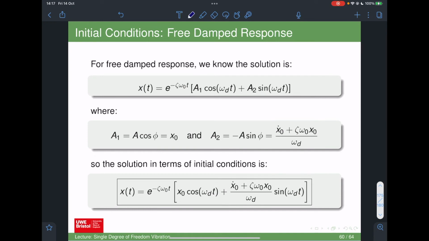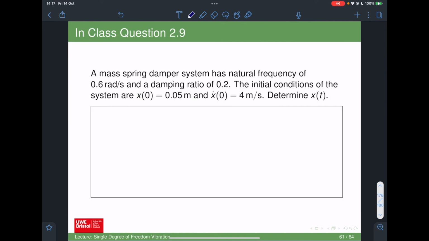Then you can reconfigure that to look like it did before. It's up to you, but that's perfectly acceptable. Remember the problem we did with the mass spring damper system, where we worked out the equation. If you go straight to this one, you can work it out. So let's do this one.